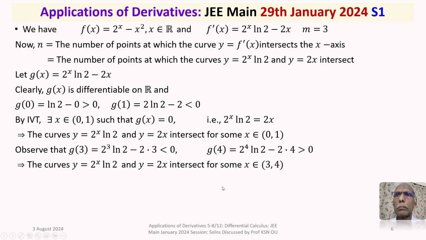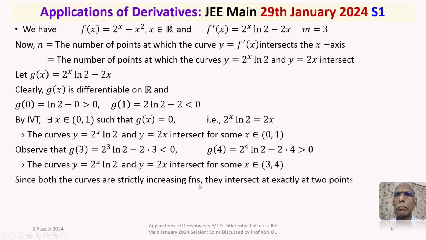So in all you got 2 points of intersection, and you have to bear in mind that 2 power x into ln 2 grows faster than the straight line y is equal to 2x. So since both curves are strictly increasing functions, and not only that, 2 power x into ln 2 grows faster than 2x, they intersect at exactly 2 points. You can use this fact, and therefore n is equal to 2.